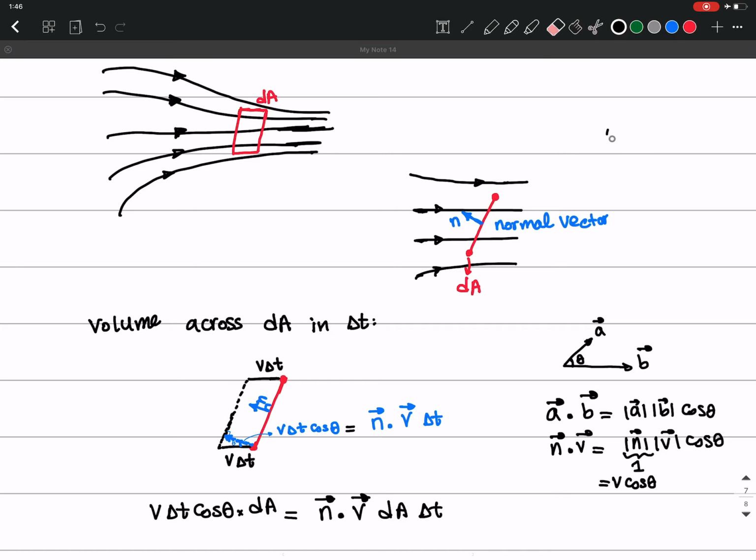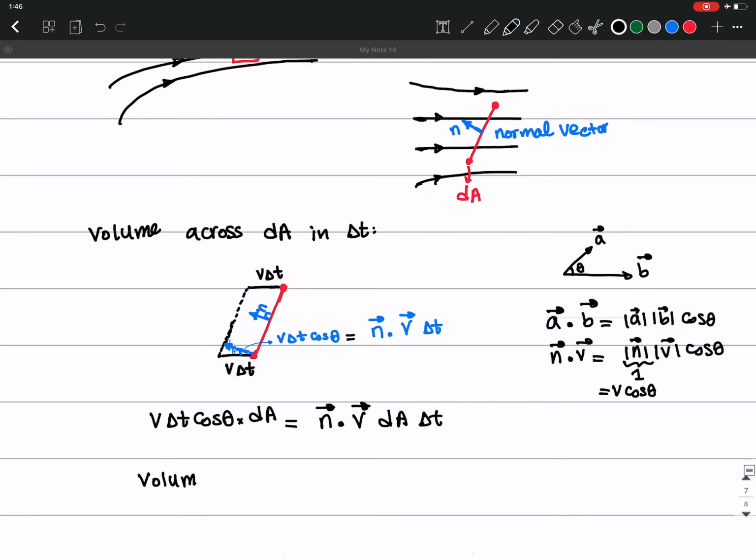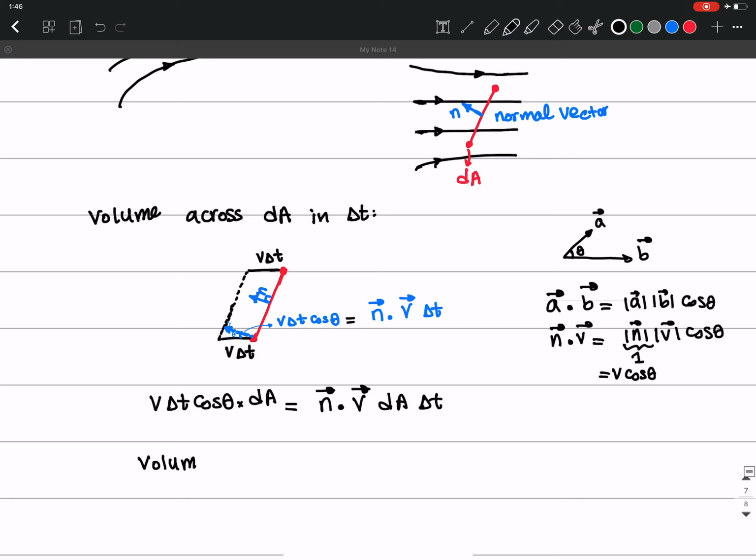And the other one is that the volume that goes out is always positive, so we always take it as positive, and the volume that goes into the control volume or into the surface is negative. The sign of it is negative, okay?